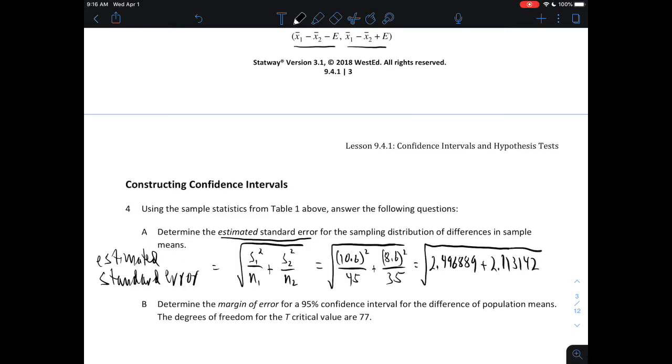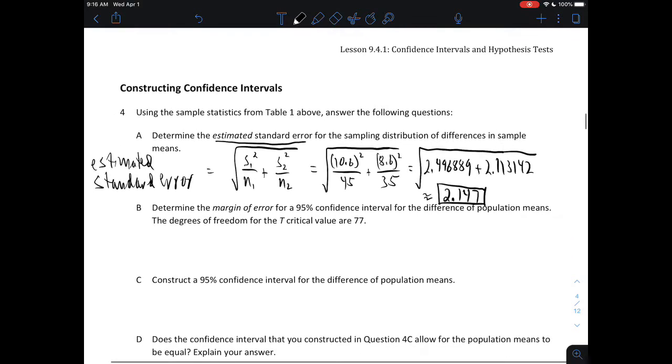Now I can take the square root of the sum of these two numbers, 2.496889 plus 2.113142. And so then I get approximately, for my answer, 2.147. That becomes my estimated standard error. If you do this all at once, you just need to make sure you're using a lot of parentheses when typing that all into your calculator at one time.